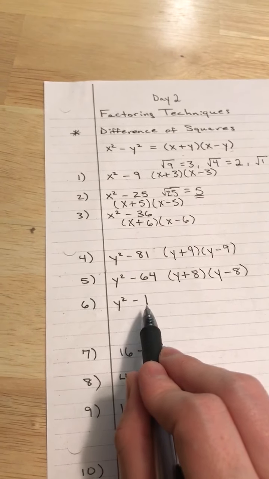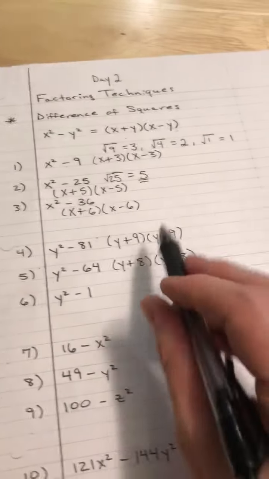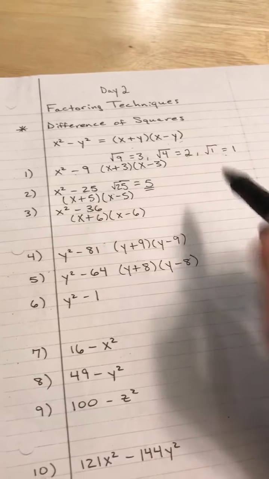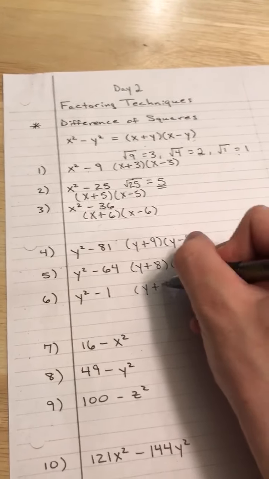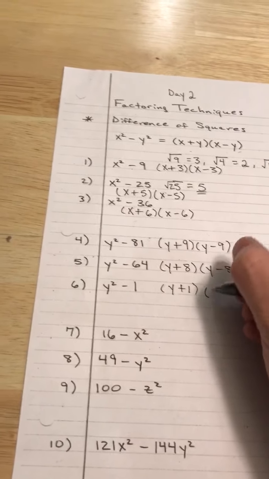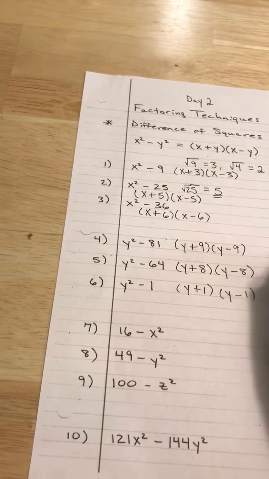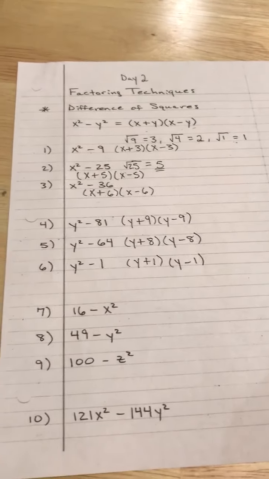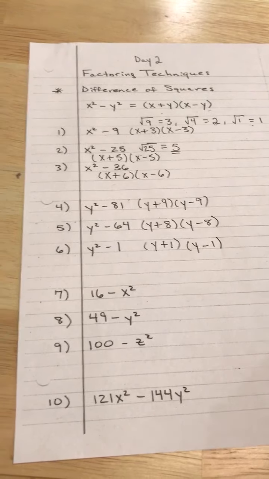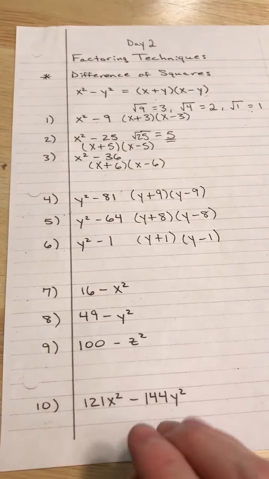Down here, square root of 1 is going to be 1, right? Remember that from back up here? We're going to use 1. So y plus 1 and y minus 1. So we're always going to have that plus and that minus. Always.